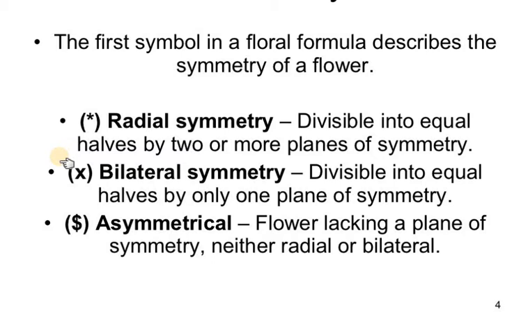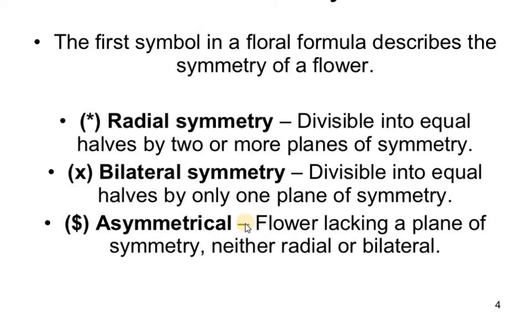The first representation in a floral formula is symmetry. We know that there are 3 kinds of symmetry: radial symmetry, bilateral symmetry, and asymmetry. Radial symmetry means the flower can be divided into 2 equal halves through any plane.